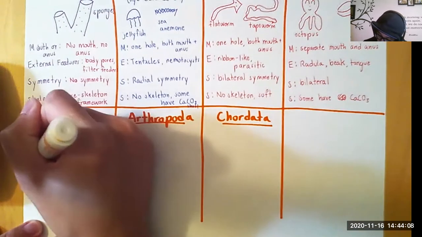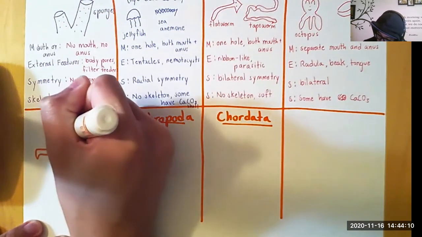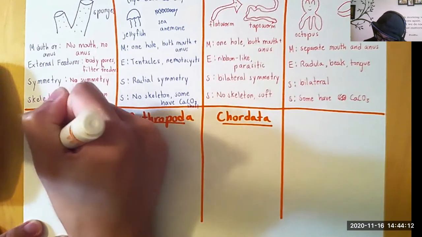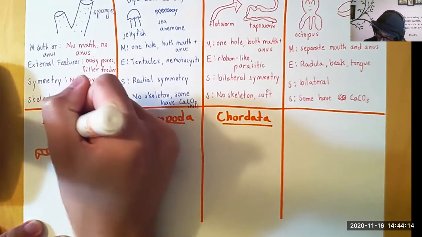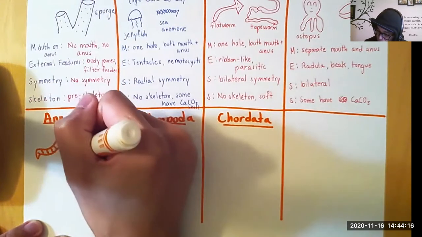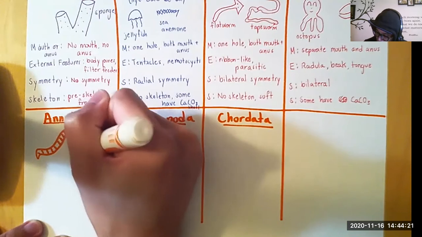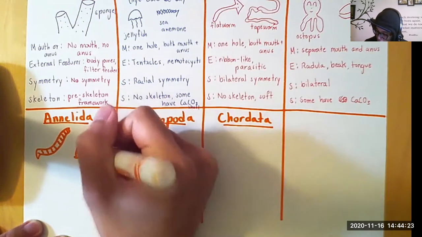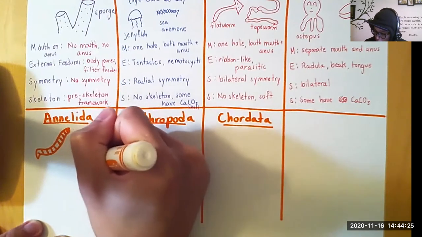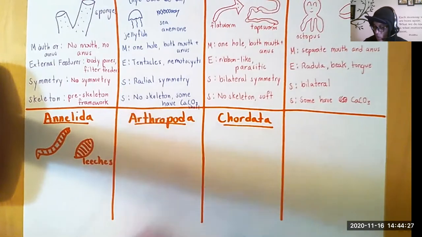Now the annelids, I'm sure everybody is quite familiar with. These are worms. You also have these segmented leeches that are also annelids.